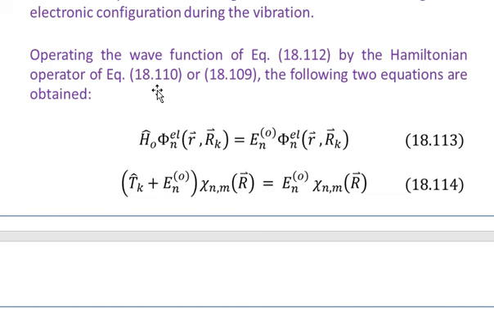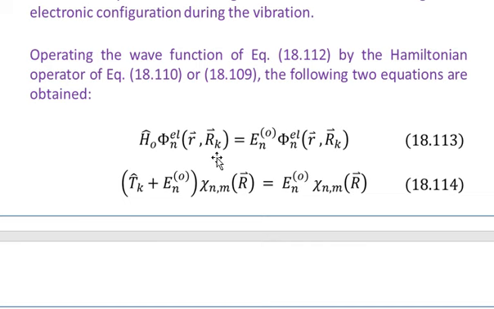So you see that in these two equations we have separated the states with the wave function phi and wave function chi. So one equation contains wave function phi on both sides, that is equation number 113, and equation number 114 contains the wave function chi n m as a function of R. So we can solve these two wave equations separately.